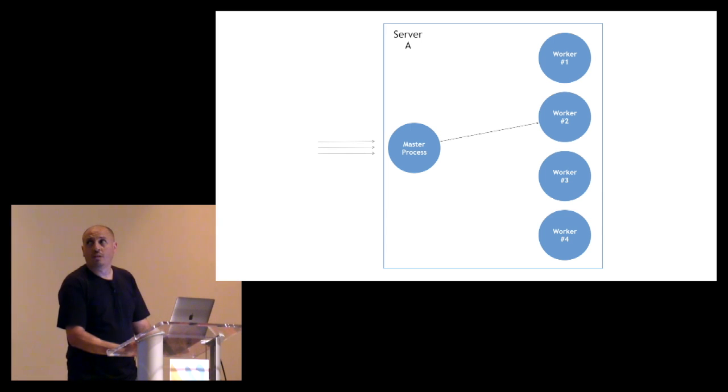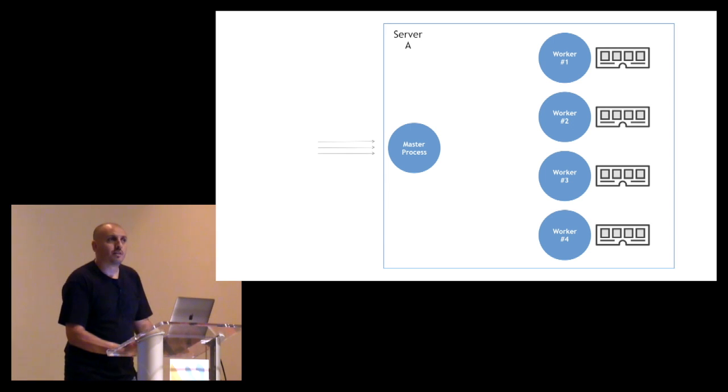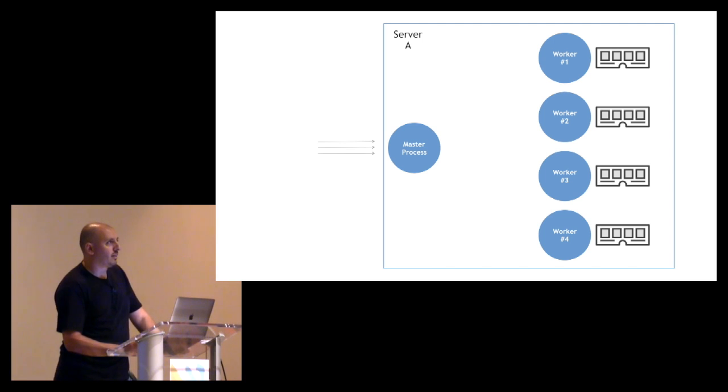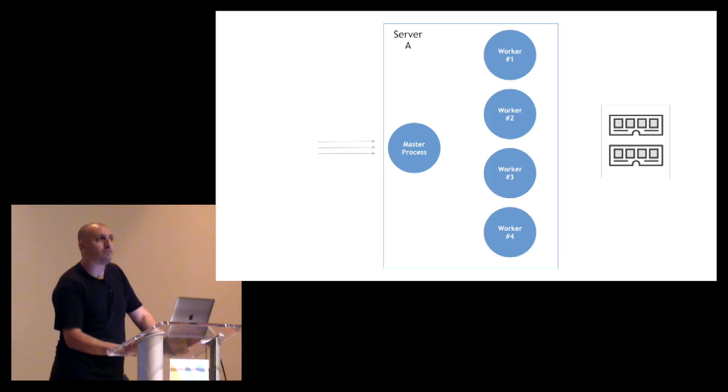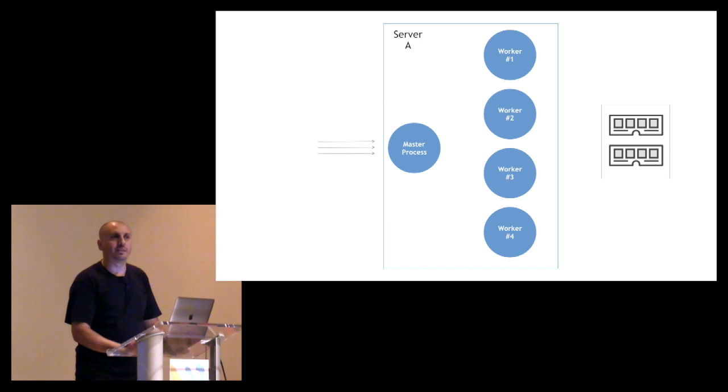For example, these workers have their own memory, their own V8, their own call stack. So you can no longer share things in memory. You can no longer cache things in memory. If you want to cache things in memory, you have to use a different entity with its own API and have all the workers work with that entity.